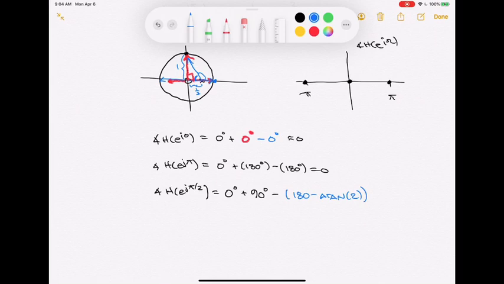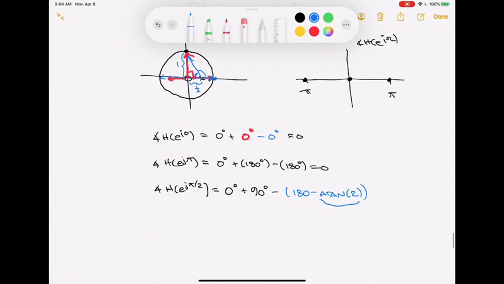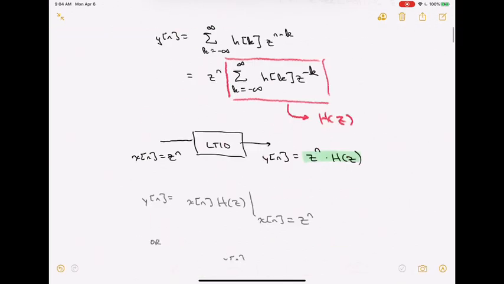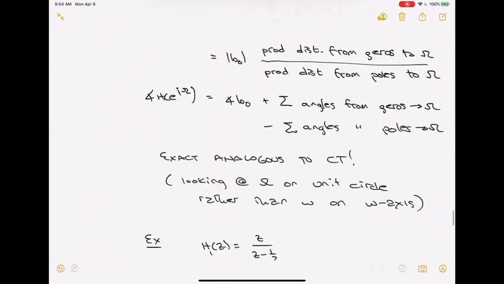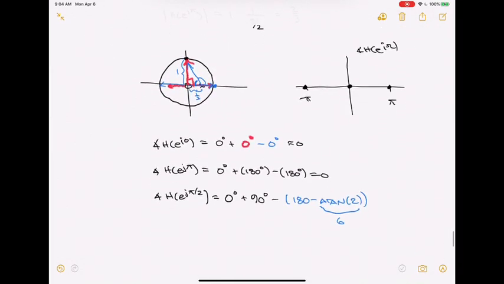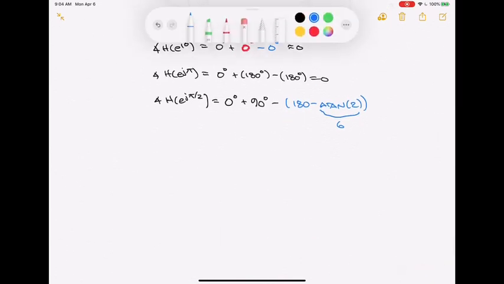So I'm going to take 3.14 and divide. That's about 63 degrees. So let's go ahead and get that 63 degrees in there. 180 minus 63, this total thing here is about 117 degrees.